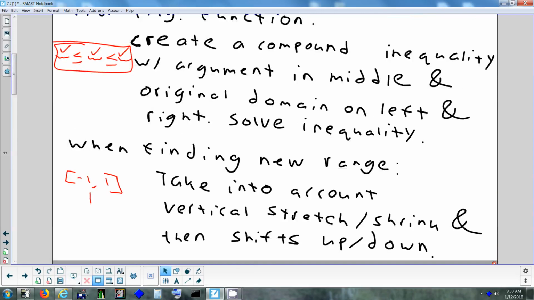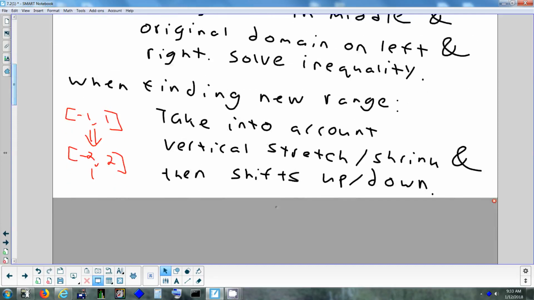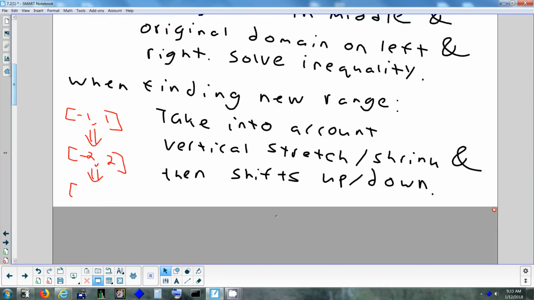Well, if I stretch that by a factor of 2, now my range, instead of being -1 to 1, doubles. It's been stretched, -2 to 2. And then let's say I took that range and then I shifted it up 1. So if you take -2 to 2 and shift it up 1, it would become -1 to 3. That's how you figure out the range.